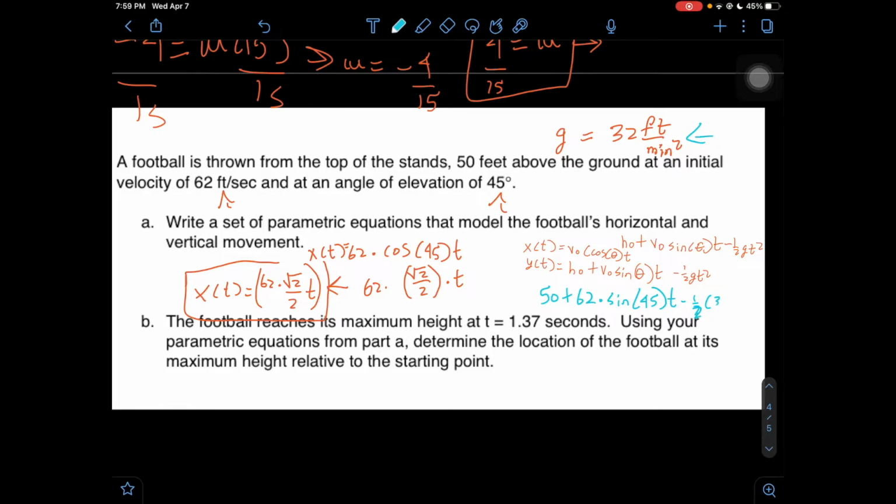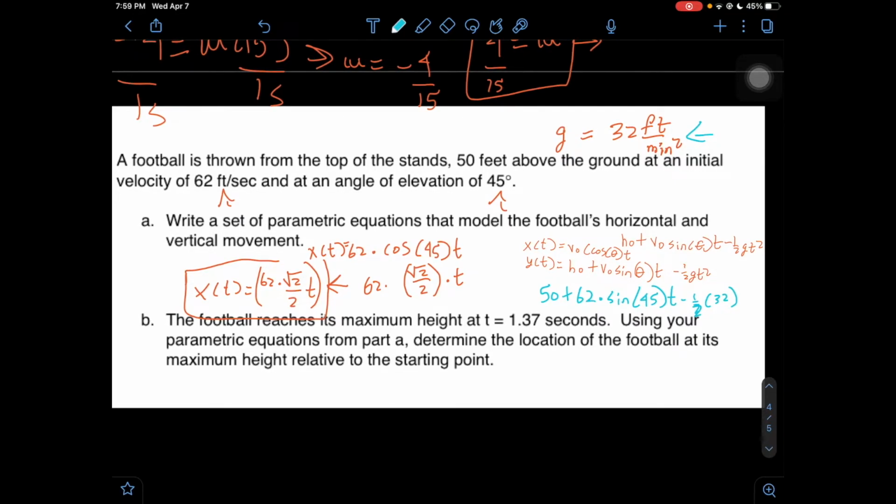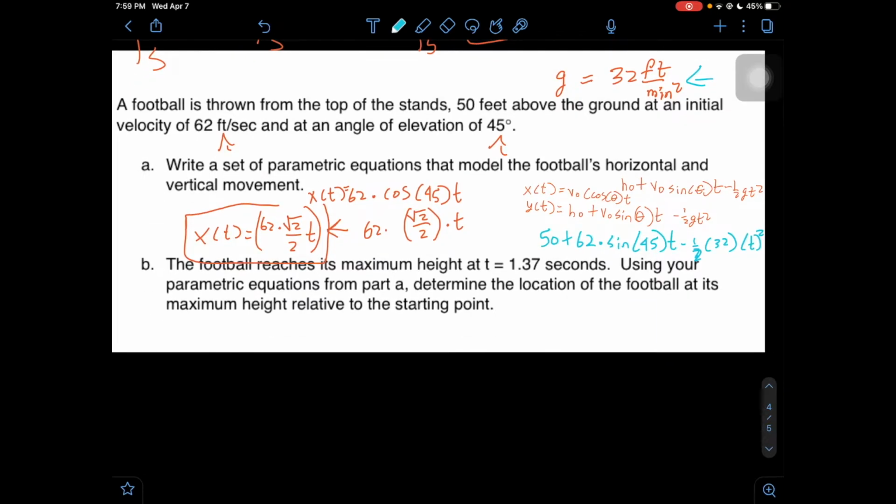I'm just going to use 32, so we minus 1/2 g t squared, so 32 times t squared. Okay, now we can simplify this down. We know that sine of 45 is also square root of 2 over 2, so square root of 2 over 2 times 62, plus 50, minus 1/2 times 32 is 16 times t squared.